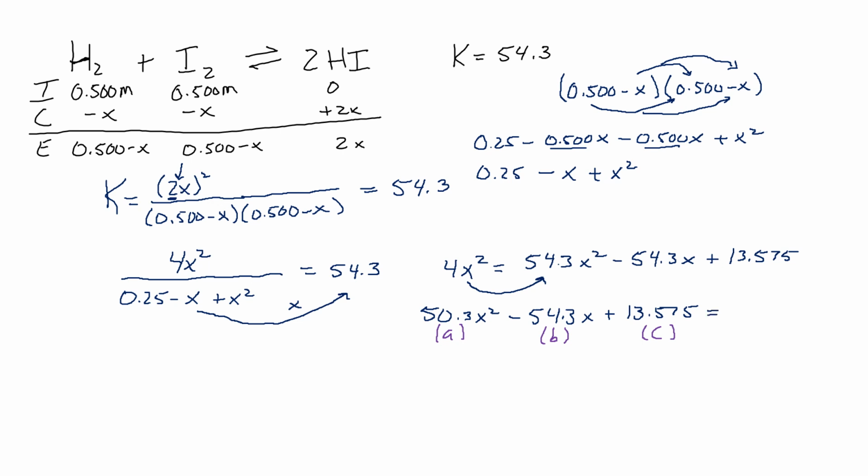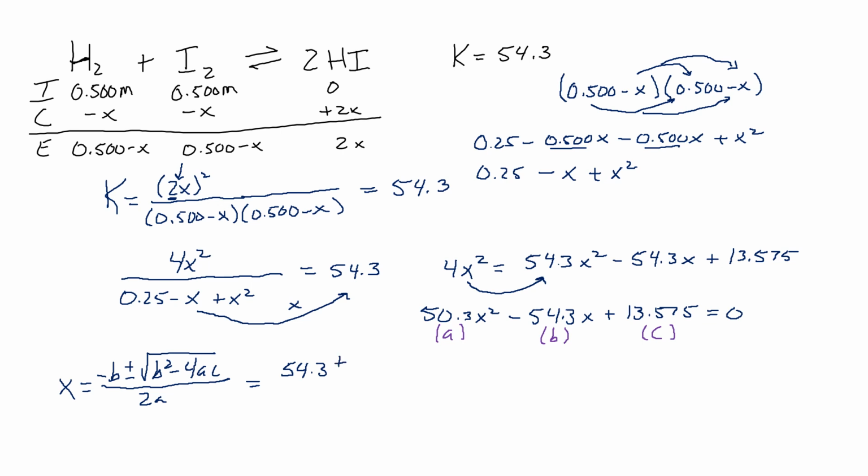All right, so into our quadratic formula, where we have x equals minus b plus or minus the square root of b squared minus 4ac, divided by 2a. Putting in our numbers here, negative b will give us a positive 54.3 plus or minus.